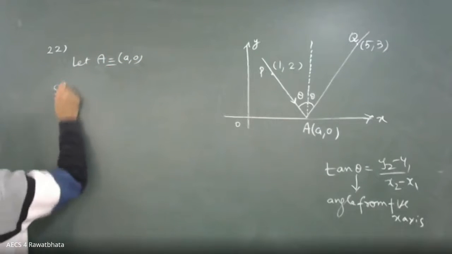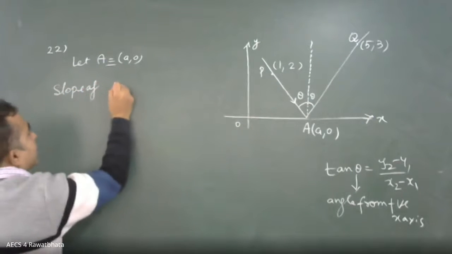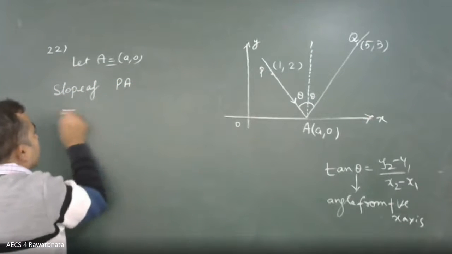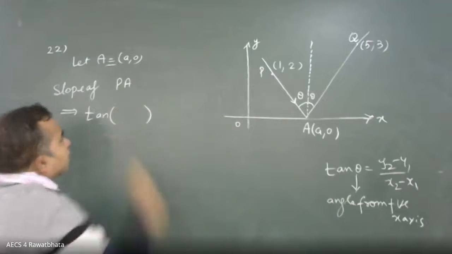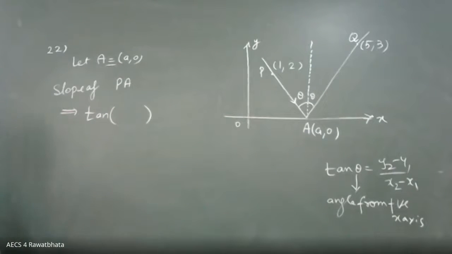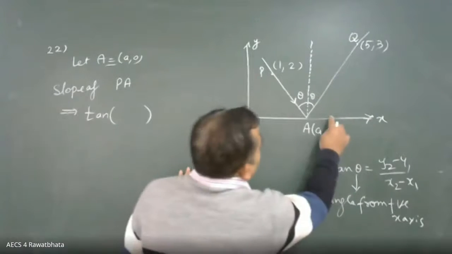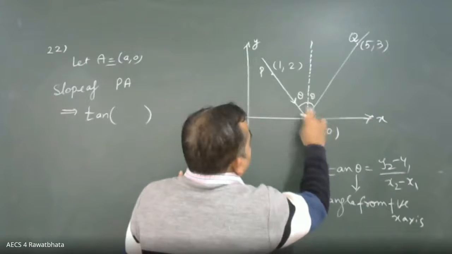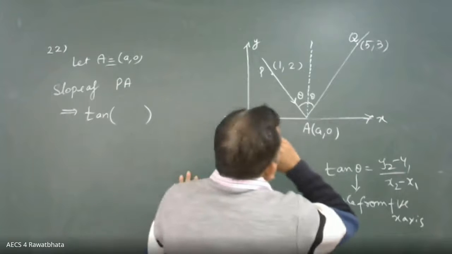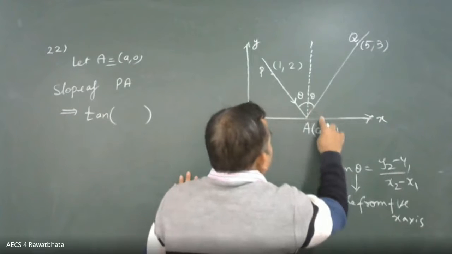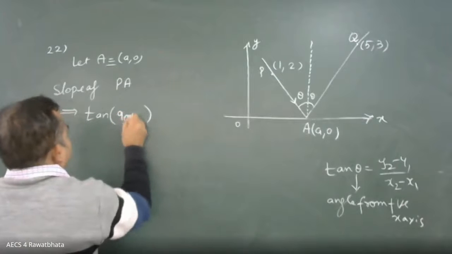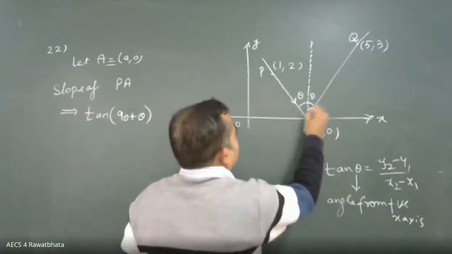Let capital A coordinates be a, 0. Then the slope of PA will be equal to tan of the angle from the positive x-axis.